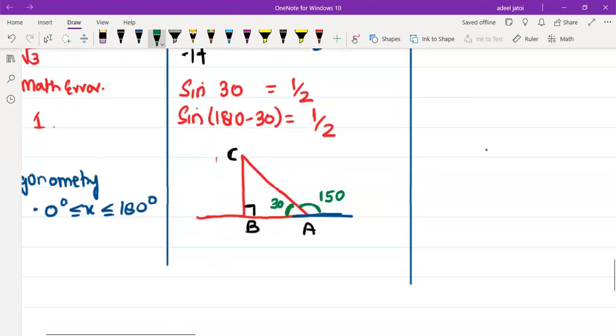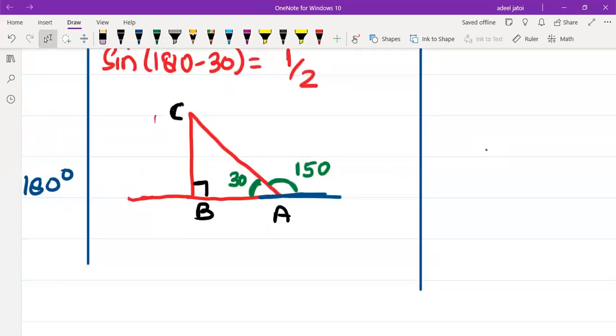So at the same time, if sine 30 is half, then sine 150 will also be half. It's just because of the obtuse angle triangle form.